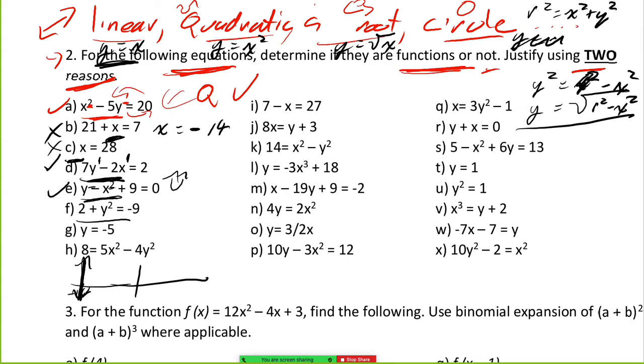Now here we go. This one's a little different. There's no x value. So if we were to work this out, you end up with y squared is equal to -7, which y is the root of -7. So this is an imaginary number. This imaginary number technically can have a value.